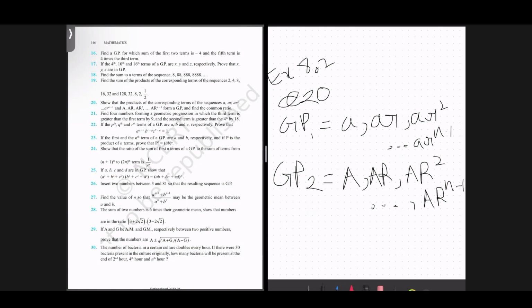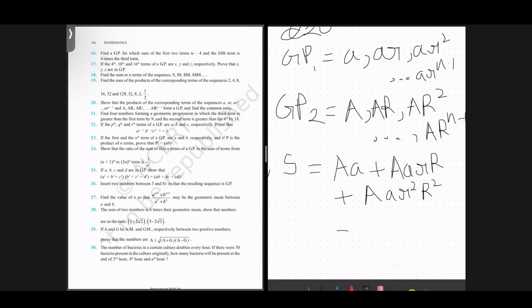So the sequence that is obtained by multiplying the corresponding terms of these two GPs is going to be something like AA, then ArR, and lastly you would have AA r raised to the power n minus 1, capital R raised to the power n minus 1.